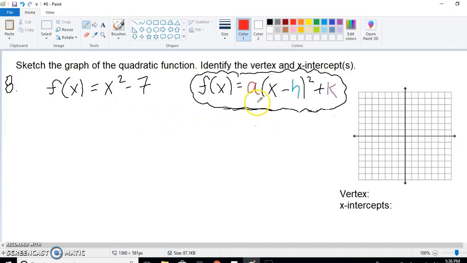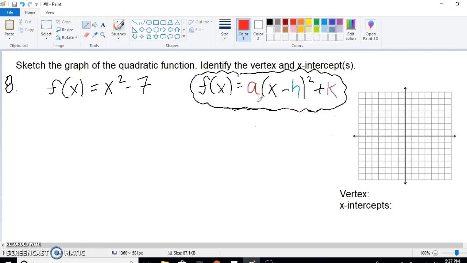So your a value, remember, determines whether or not there's a vertical stretch or a vertical compression. So if your a value is bigger than 1, it doesn't have to be a whole number, but a number bigger than 1, then there is a vertical stretch. So your graph is going to appear narrower because your function is increasing at a faster rate.